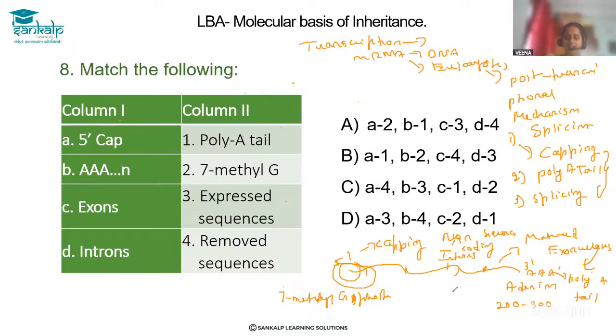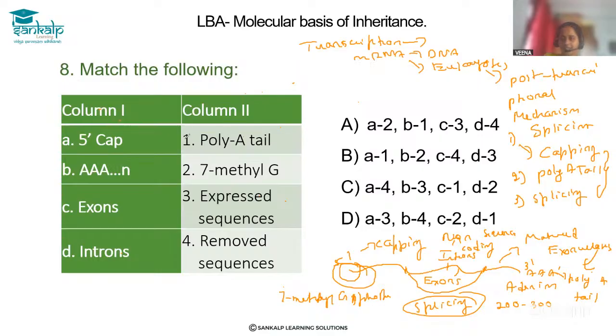So the removing of introns and ligating the exons is called splicing. These are the three different steps involved in the post transcriptional mechanism.